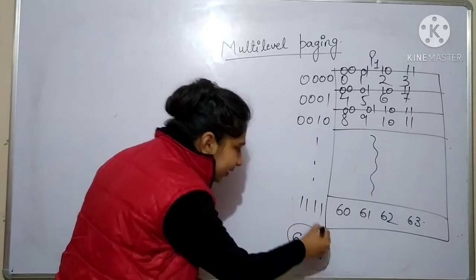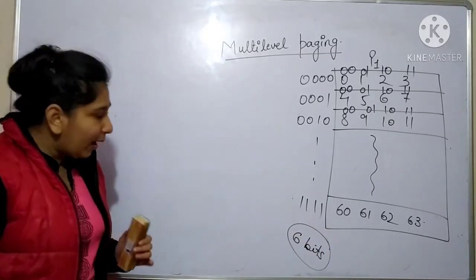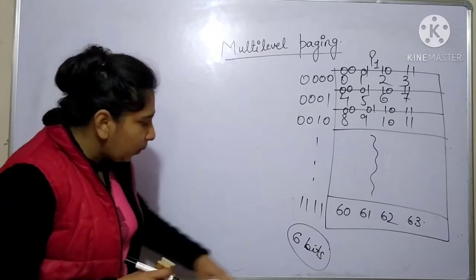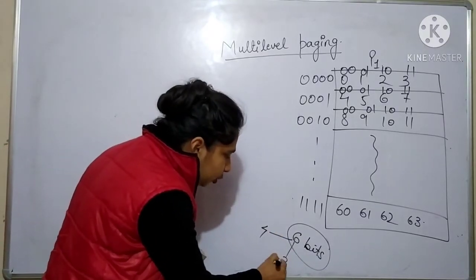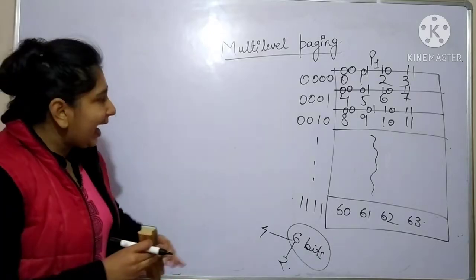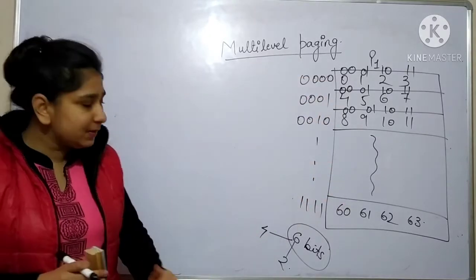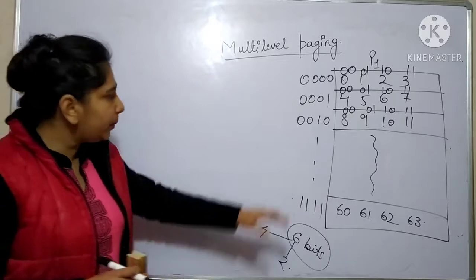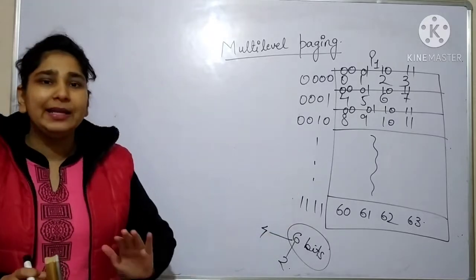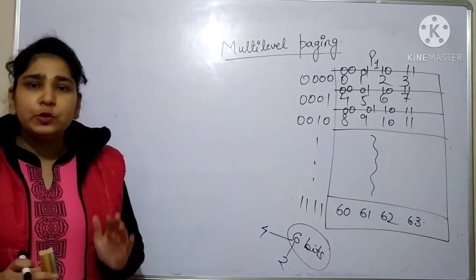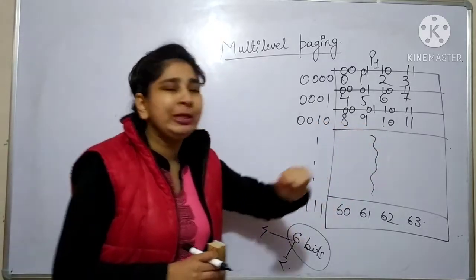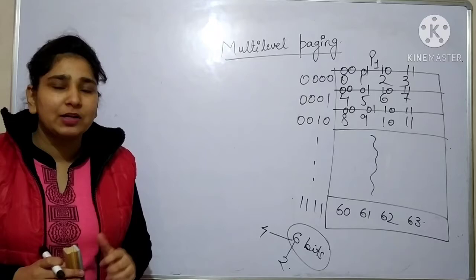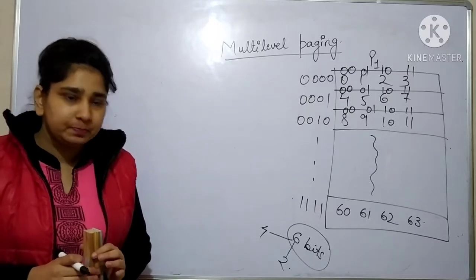What I have done is divide these 6 bits into 4 bits and 2 bits. I have 16 pages, so I need 4 bits to uniquely identify each page. Once you have reached the page, you need 2 bits to uniquely identify your instruction within a page.